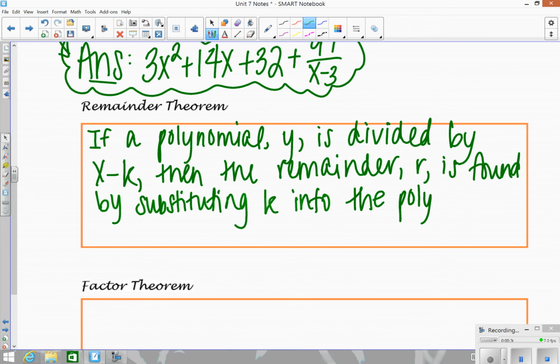So you just plug in k into the polynomial, and whatever number you get is the remainder.